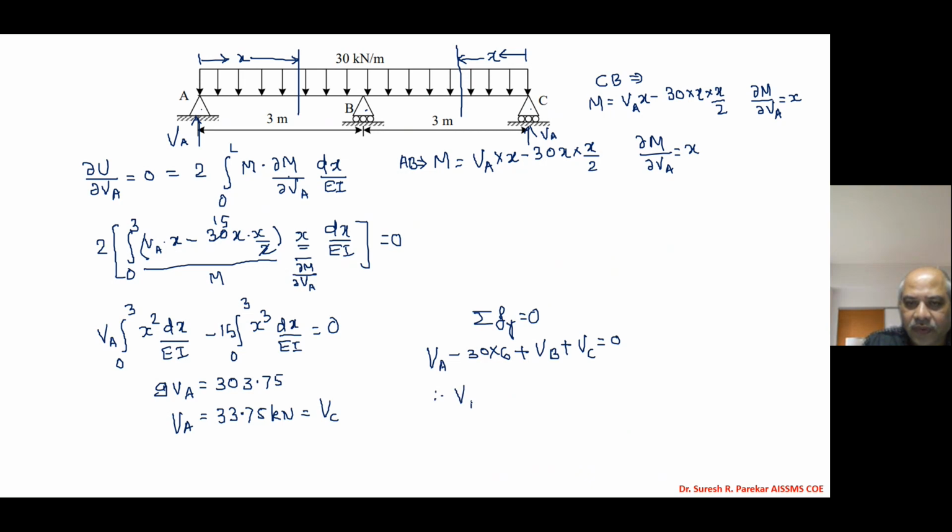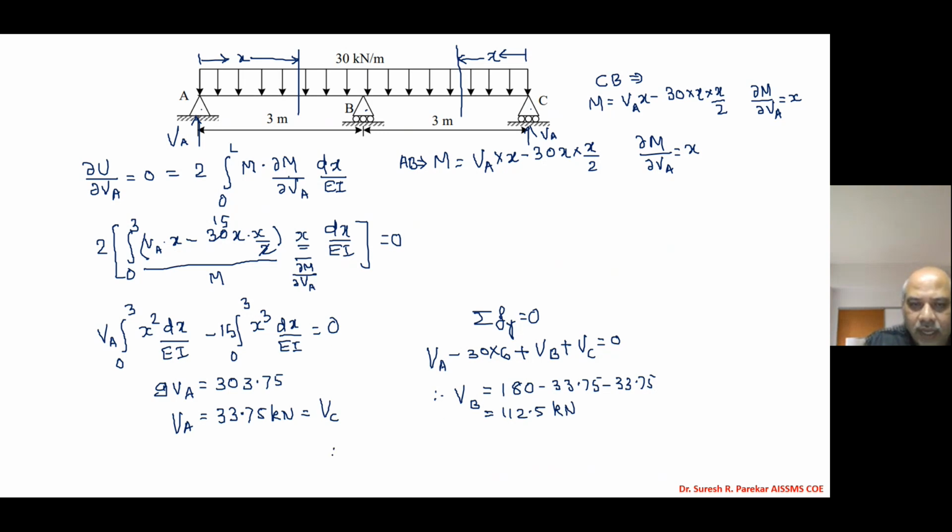And from this we will get VB is equal to 180 minus 33.75 minus 33.75, and from this we will get the value that is equal to 112.5 kilonewton.